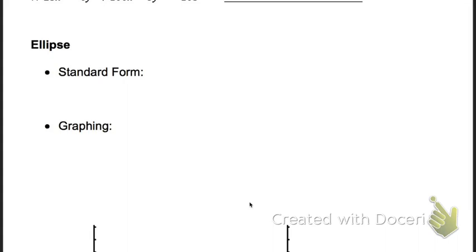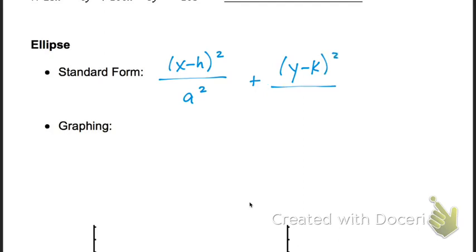So the standard form for an ellipse is x minus h squared over a squared plus y minus k squared over b squared equals 1. And this is always true. It's always equal to 1 every single time.